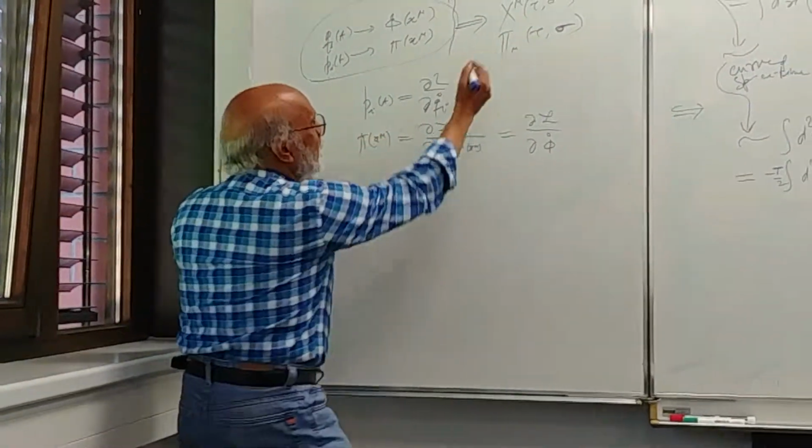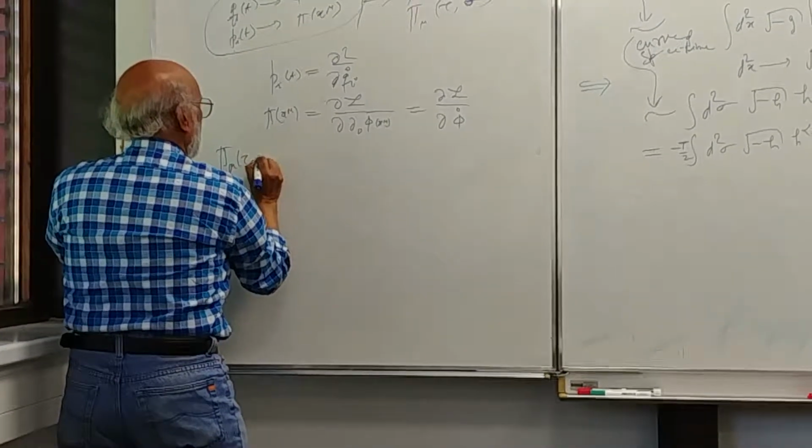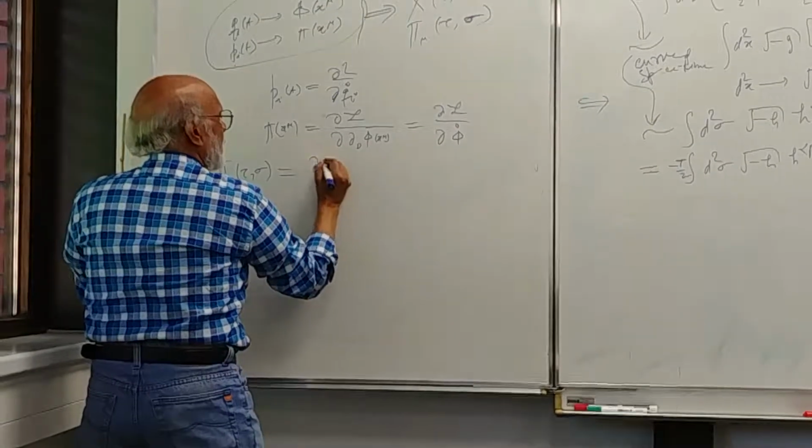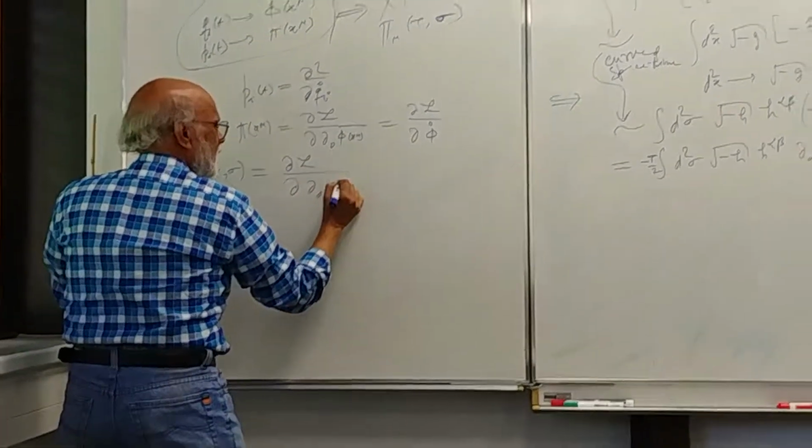Just the same way in string theory I would have pi^mu(tau, sigma), which I would derive as the partial derivative, essentially exactly the same way.